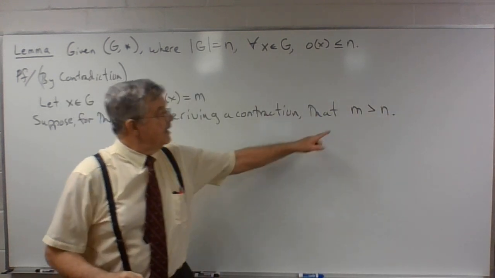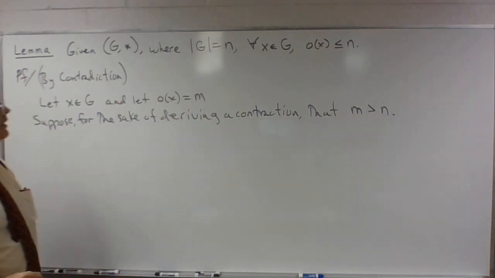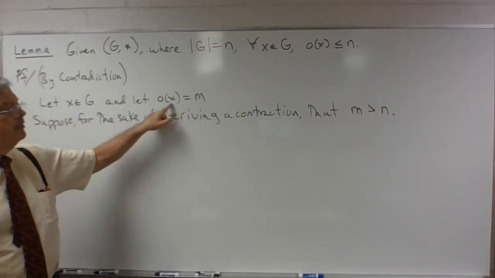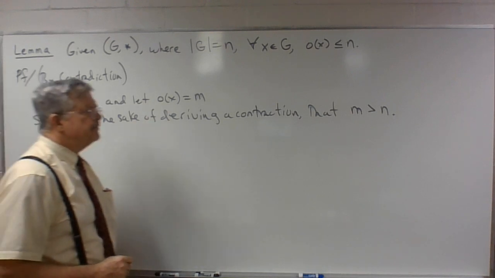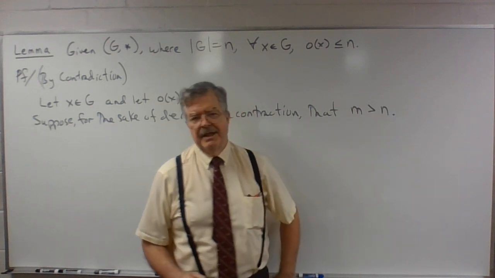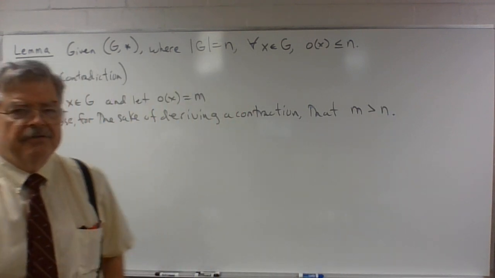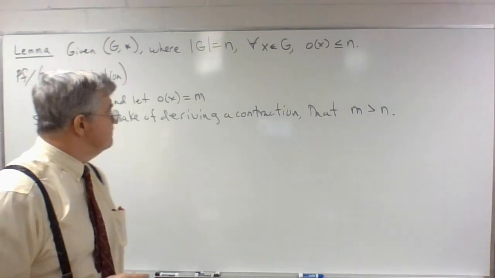And remember what m is, it's the order of the element x. And we're supposing, to get a contradiction, that the order of the element x is greater than n. So somewhere in this proof, we're trying to make the you-know-what hit the fan.